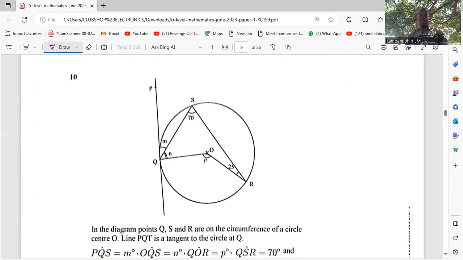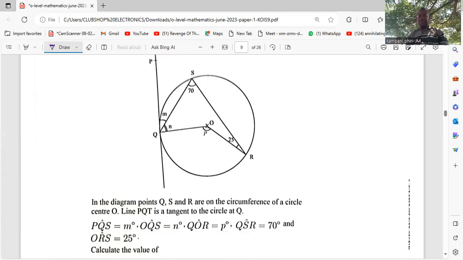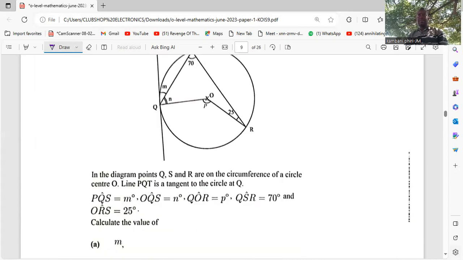Okay, number 10 is based on the circle theorems, or properties of a circle. All right. What does the question say?